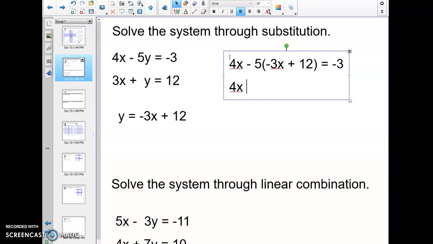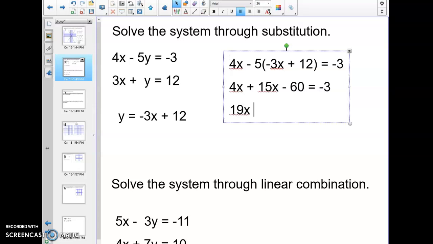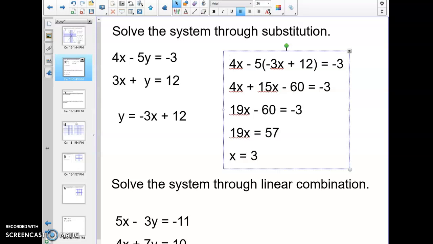This becomes 4x plus 15x minus 60 equals negative 3. We combine like terms: 19x minus 60 equals negative 3. 19x equals 57 when we add 60 to both sides, and my x equals 3.